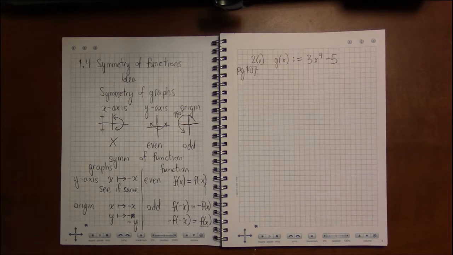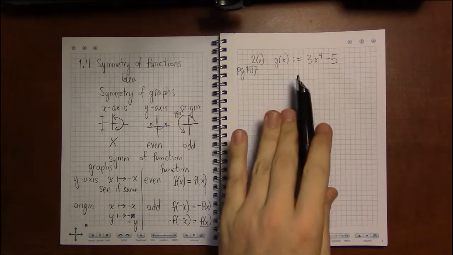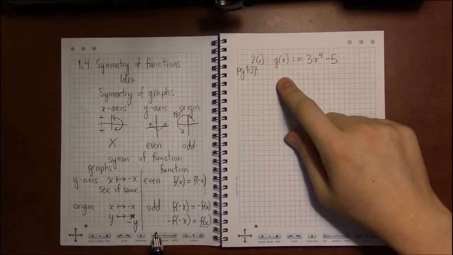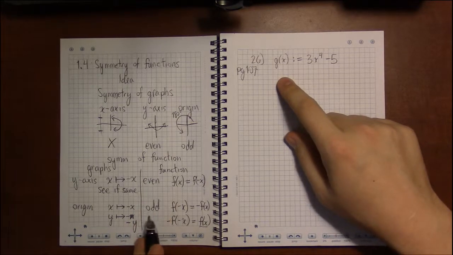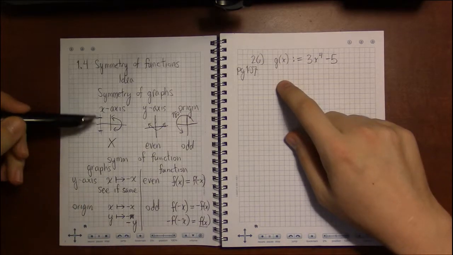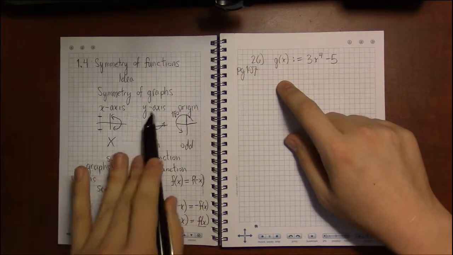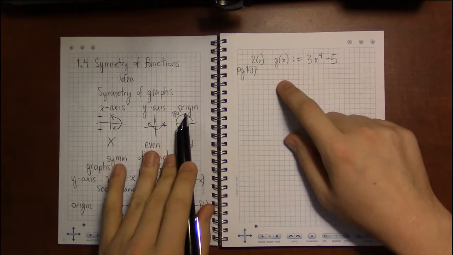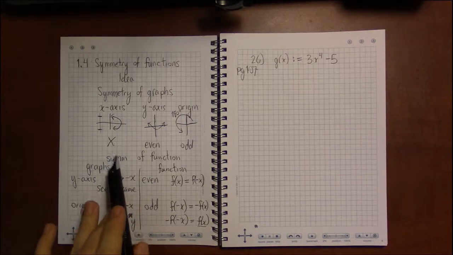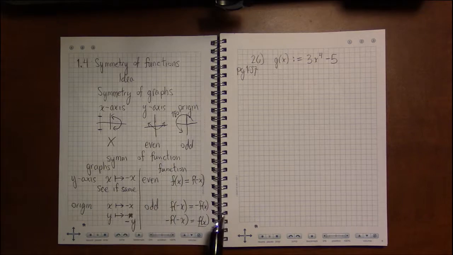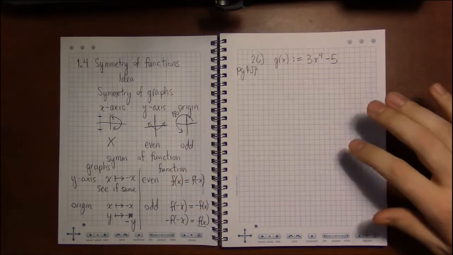And we're trying to test to see if g is even, odd, or has no symmetry, is neither even nor odd. Remember, just like graphs, a graph needn't have any of these three forms of symmetry. And in the same way, a function doesn't need to have any symmetry at all. But in this case, I think we'll find that it does have some symmetry.